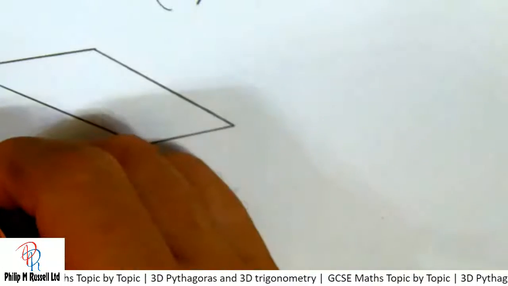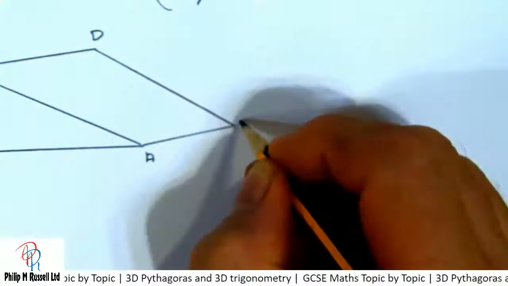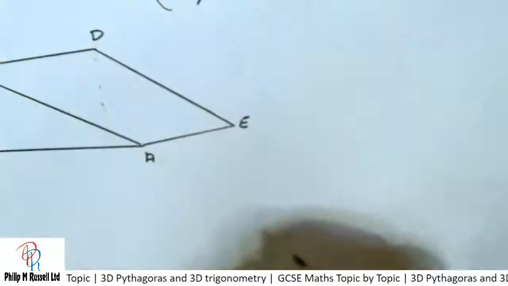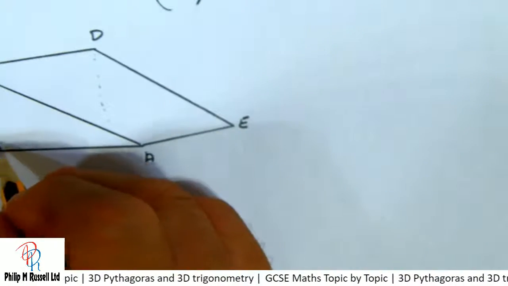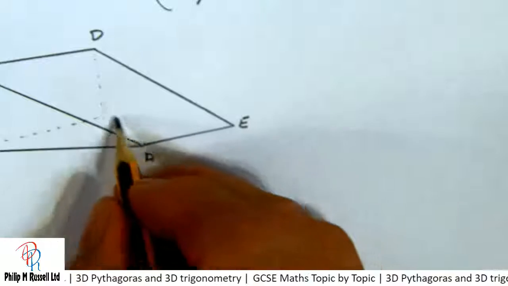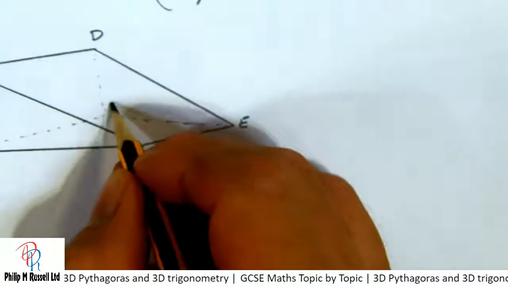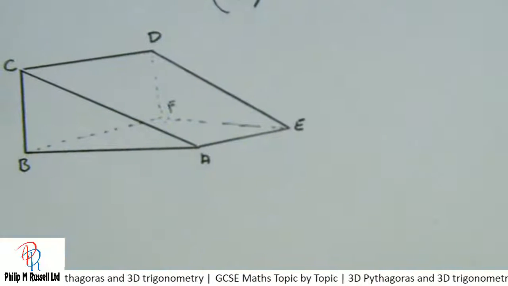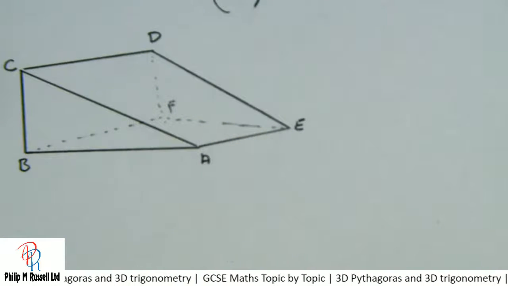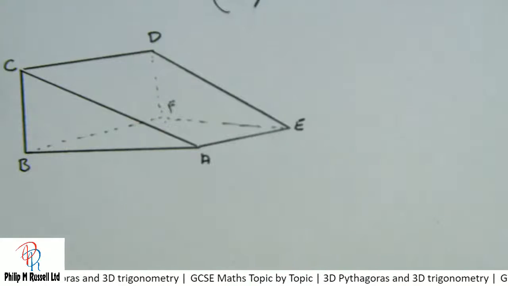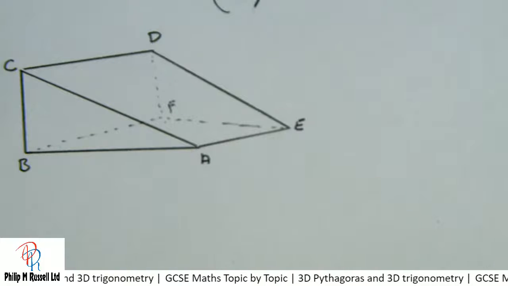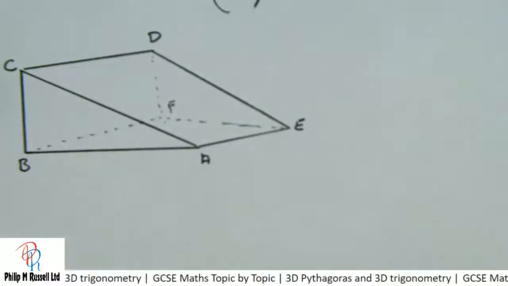Let's call this one A, B, C, D, E. Now I'm going to have this point down here, which I'm going to call F. There we are. I can now seal my little piece of cheese. Right, now let's see if we can work out various bits and pieces.